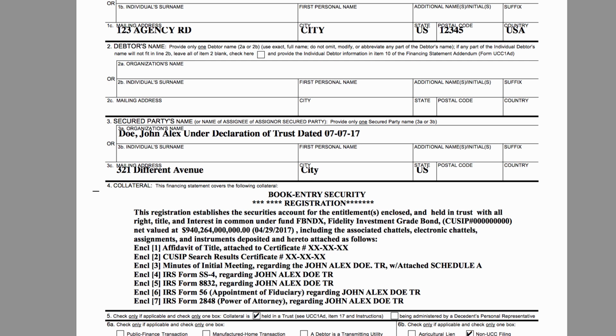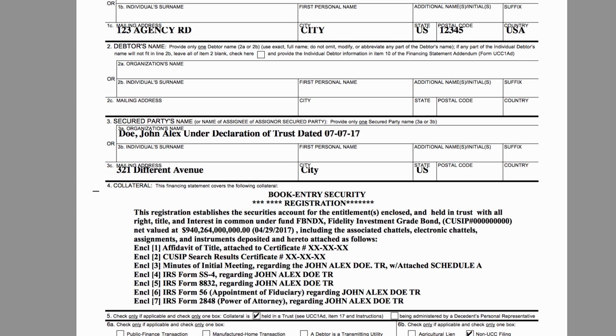This is the way that we list this, that we enter the collateral. This is a book entry security. This is an initial book entry of the trust holding the collateral for the estate. So here's the registration statement.